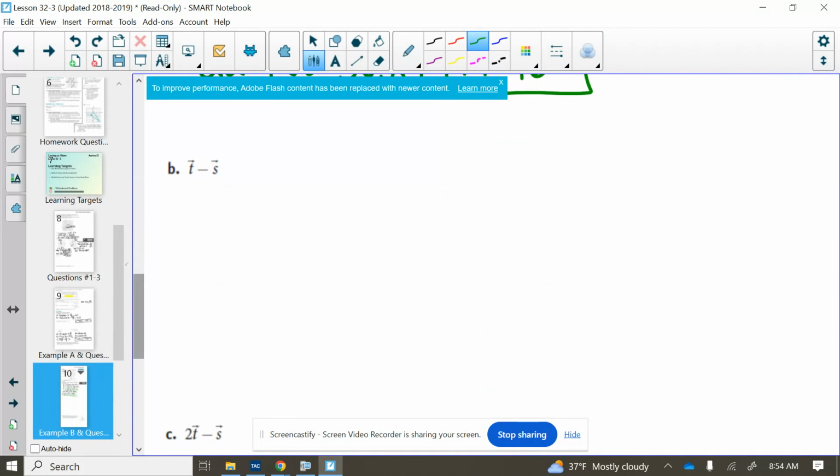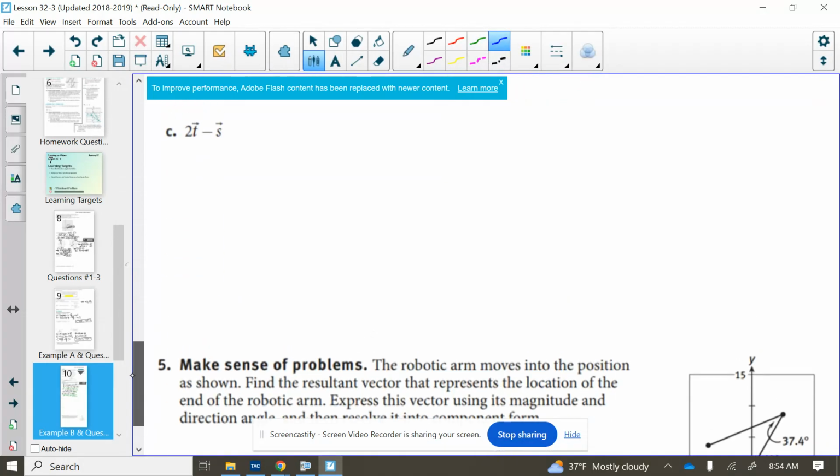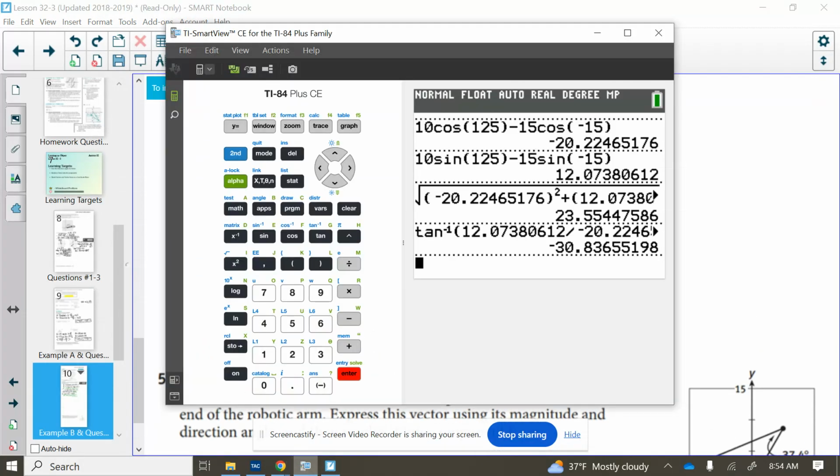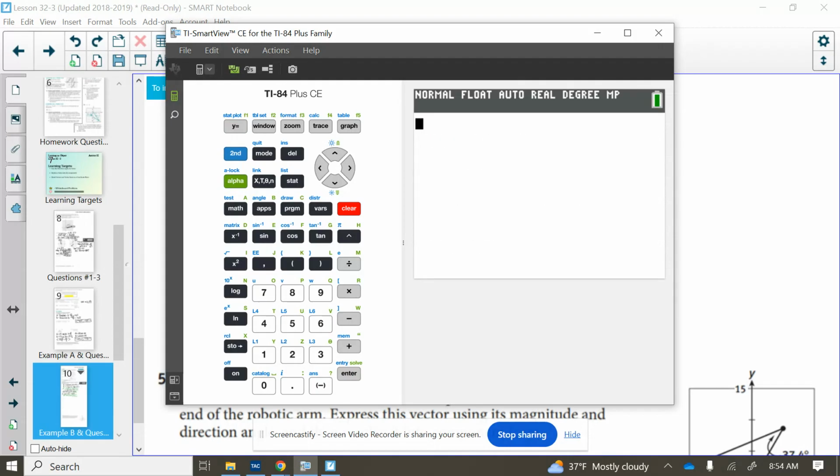So when we're computing our component form for part C, we're going to take 2 times t, which again is 30 times cosine of negative 15, and then subtract away from it that a component for s, which is 10 times the cosine of 125.